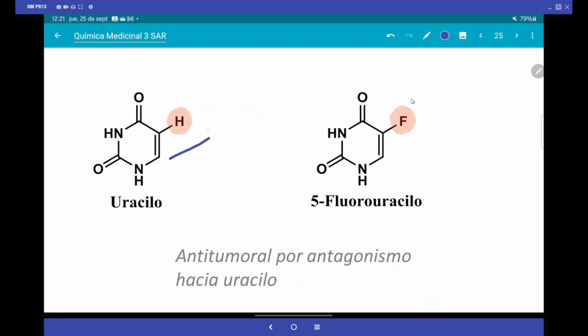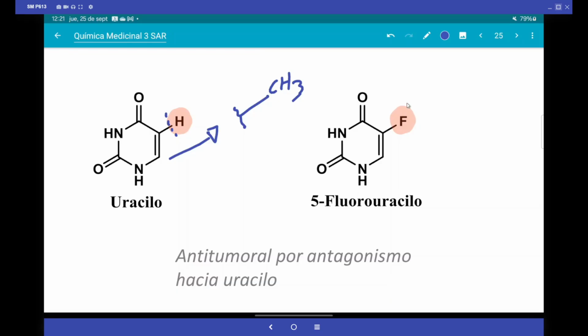Uracil is converted into thymine, because there is an enzyme that cuts here and places a methyl in that position. And so we have thymine, which is necessary for the synthesis of DNA, and this other compound blocks that process, because we had said in the past that this process of cutting and attaching a methyl group here would be impossible.